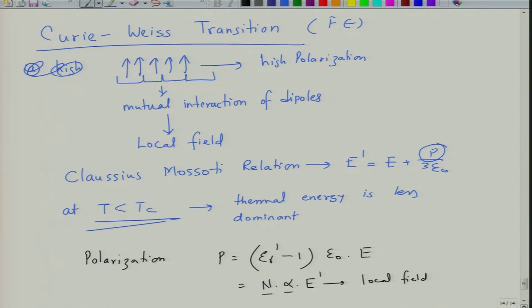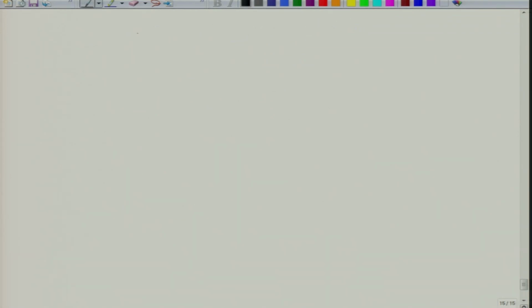Let us say this local field is, so we replace it as n alpha into E plus P divided by 3 epsilon naught.